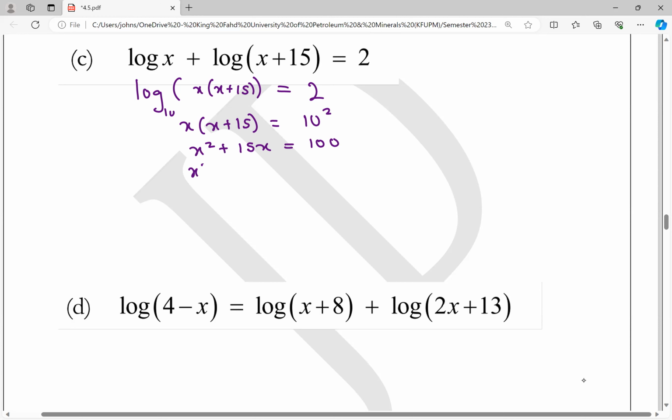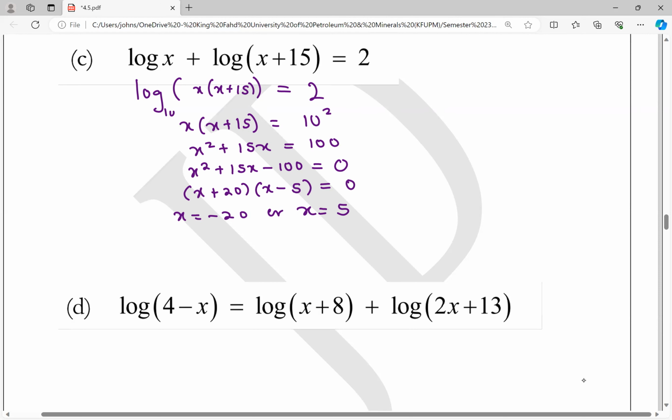We try to factorize, minus 100 equals 0. And I think this will just be x plus 20 and x minus 5. I think this will do the job. So x equals minus 20 or x equals 5.